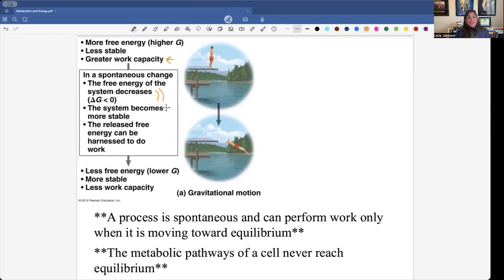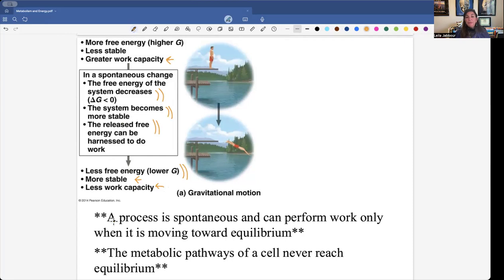The system becomes more stable, and the released free energy can be harnessed to actually do work. So at the end, we have less free energy because we just used it up to do that work, here it's plunging. The organism is more stable, but there's less work capacity by then because we used it up to get to that state.